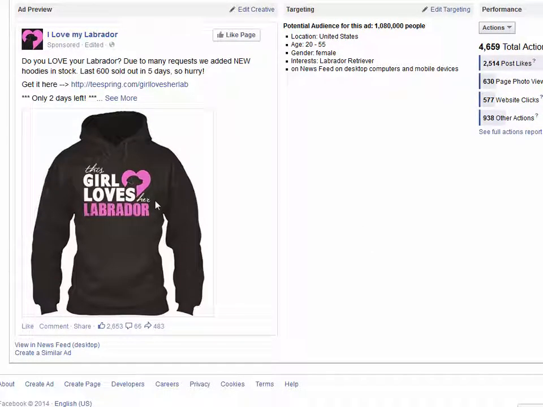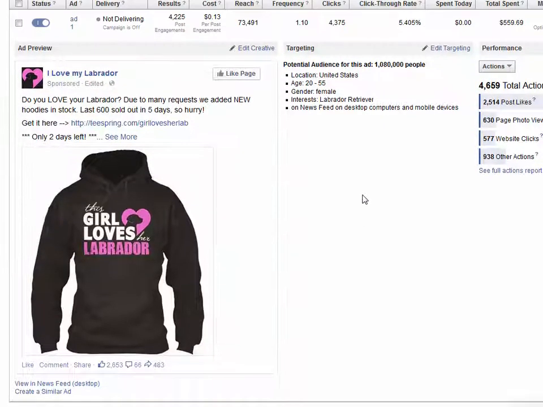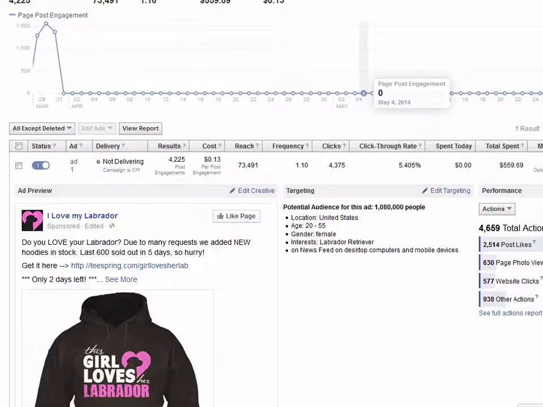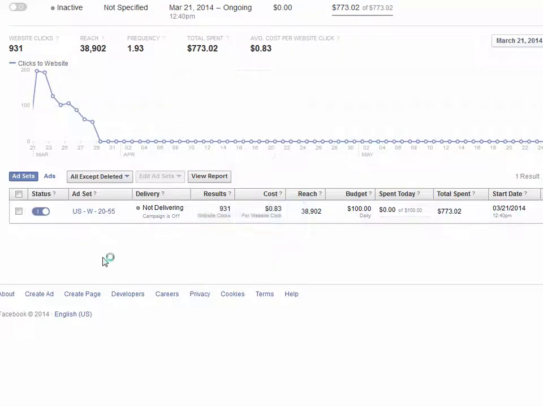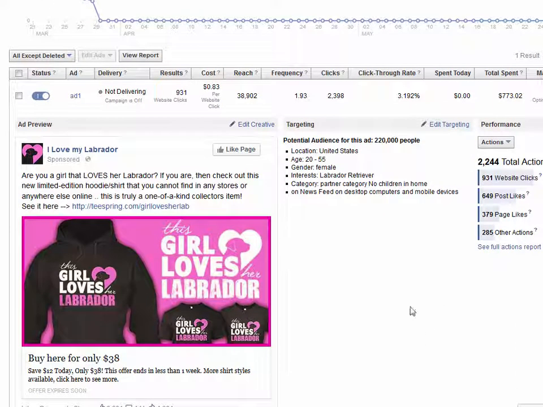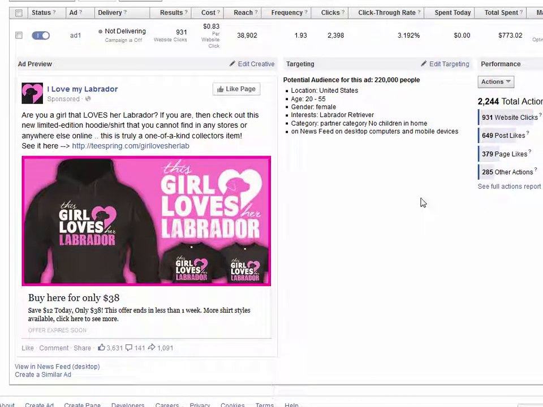This looks like I hit a page post on my page there. Just want to see if any of the targets actually changed, but I'd like to show you the whole thing here just so you see exactly what I did. Oh, I tried a partner category with no children in the home. From what I recall, this one didn't do too bad.